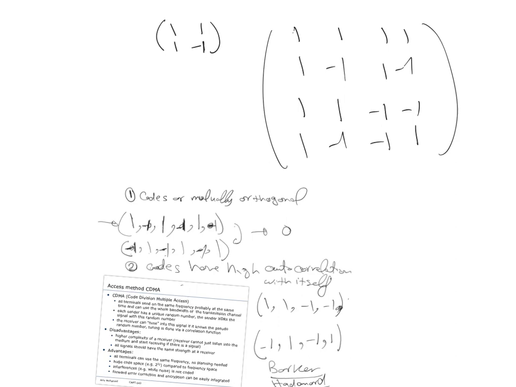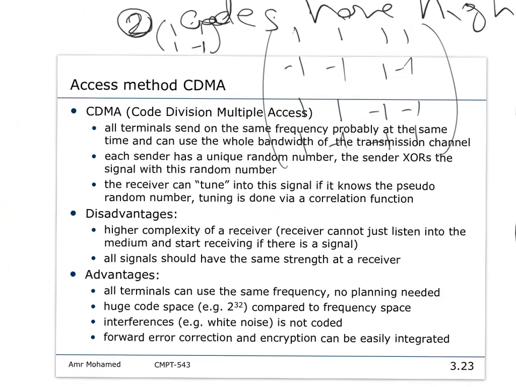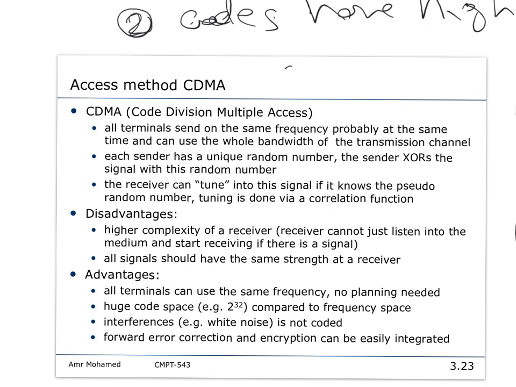So those two conditions have to be fulfilled. Now, going back here, each sender has a unique random number, though it's not completely random.